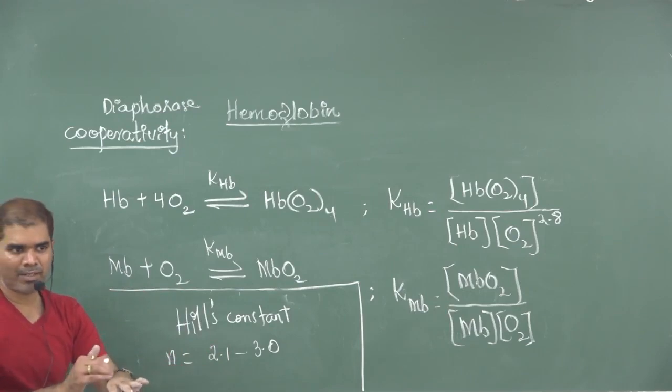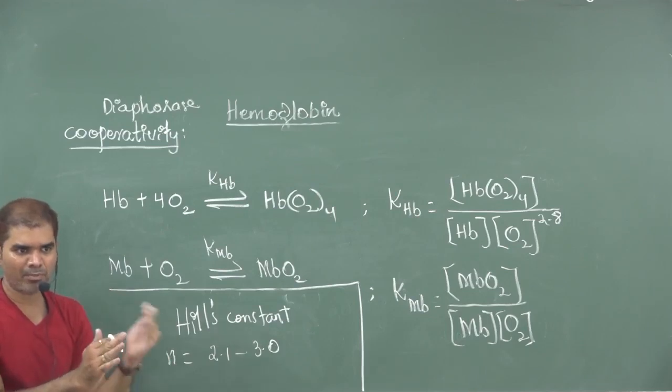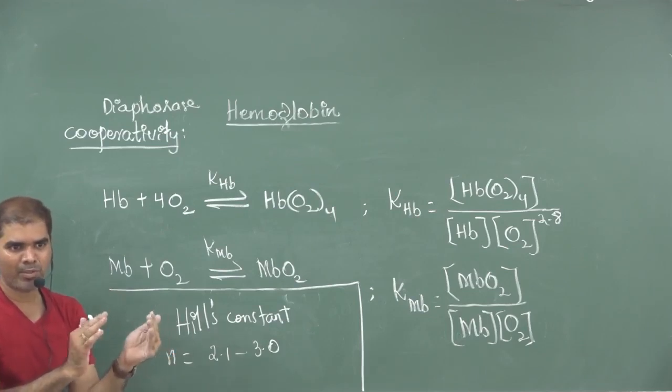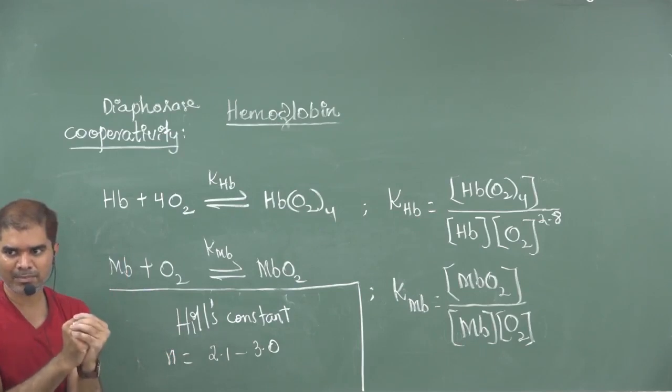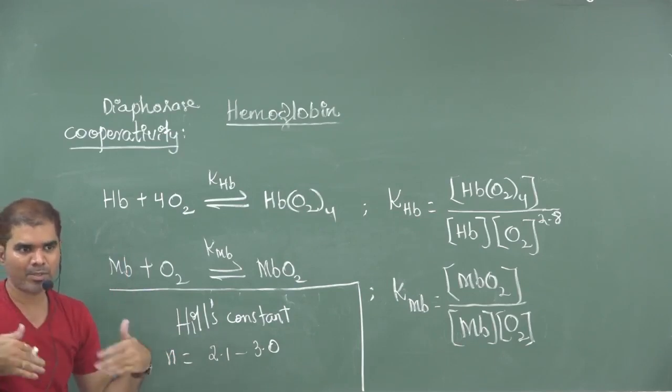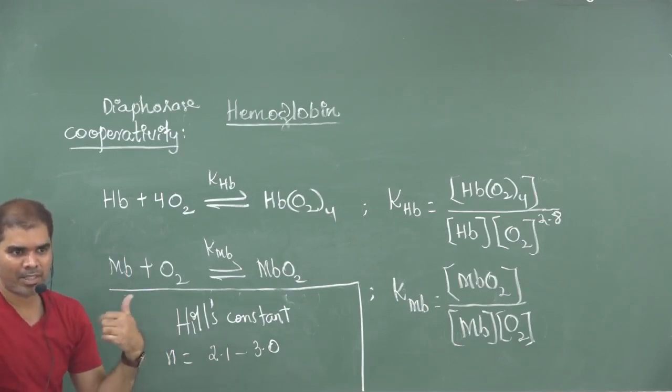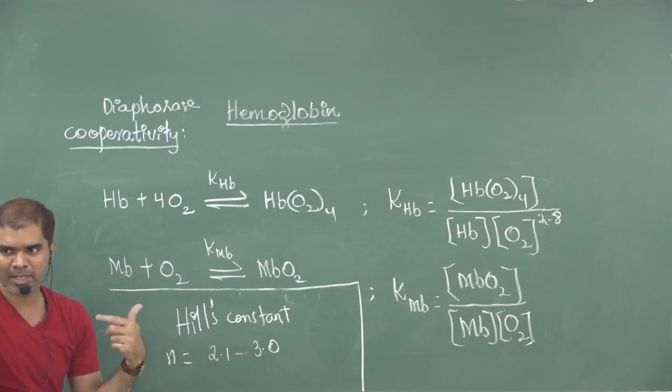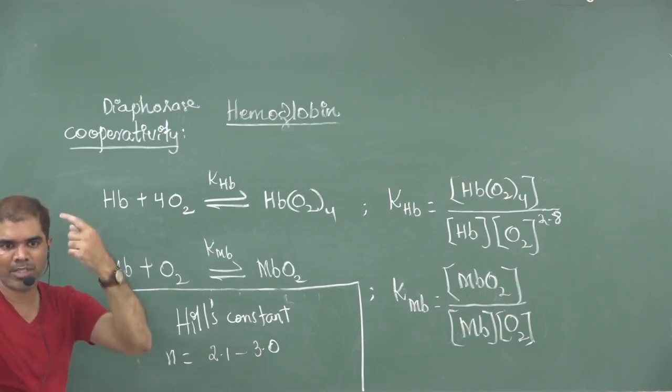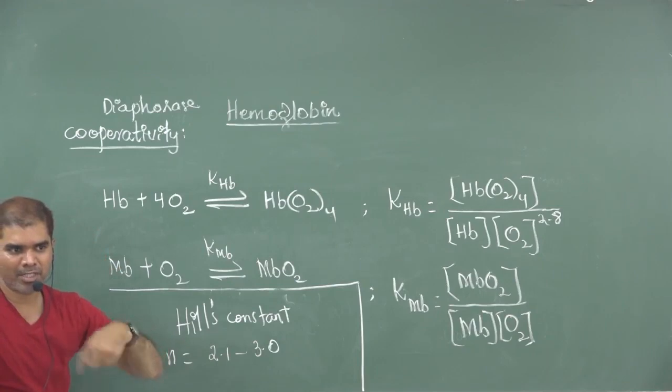But at tissue level, you have something called myoglobin. Myoglobin is present at tissue level. It stays there and will not move. That myoglobin will take up dioxygen and store it. And whenever I need oxygen, like now when I am speaking, that myoglobin gives oxygen for me immediately. Every time hemoglobin cannot come and immediately supply it; it will take some time.